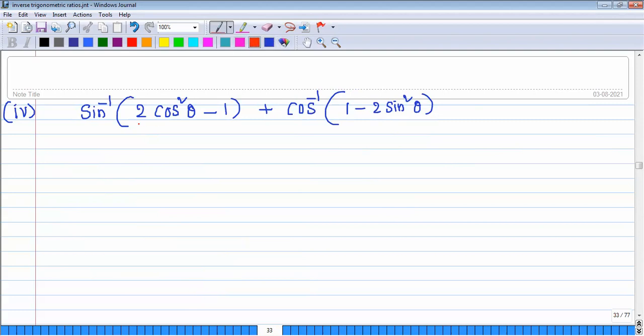Just look for these two formulae. 2 cos square theta minus 1 is nothing but cos 2 theta. So this is also cos 2 theta. Just substitute, that's all. You'll get the answer, cos 2 theta.